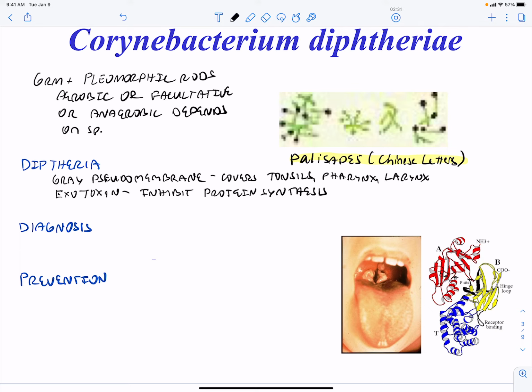So the bacterium that can produce the toxin must be infected with a bacteriophage. Now the diagnosis is going to be based on clinical signs and symptoms. You can isolate diphtheria and then test for the toxin production.